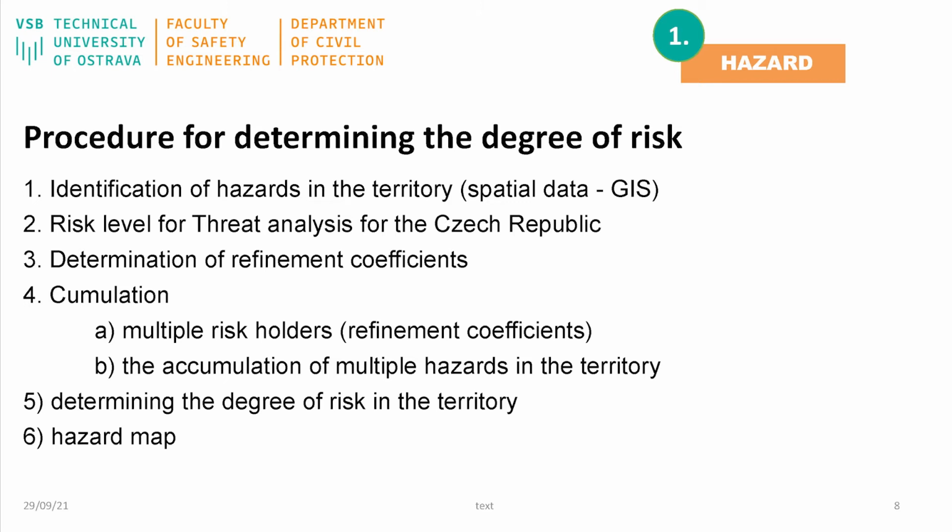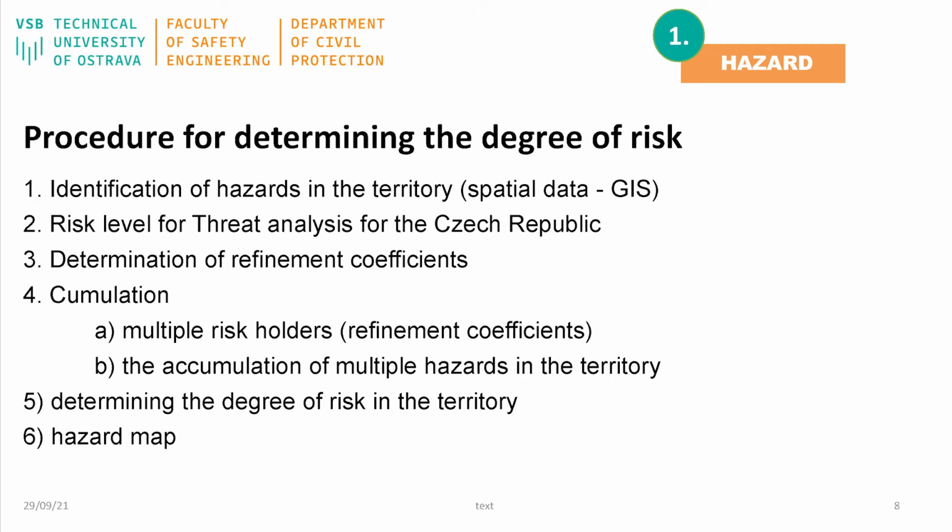In the threat analysis in the Czech Republic, we identified 72 hazards in the territory of the Czech Republic. But for the risk map, we need only 17, because we don't have other data for geographic systems.